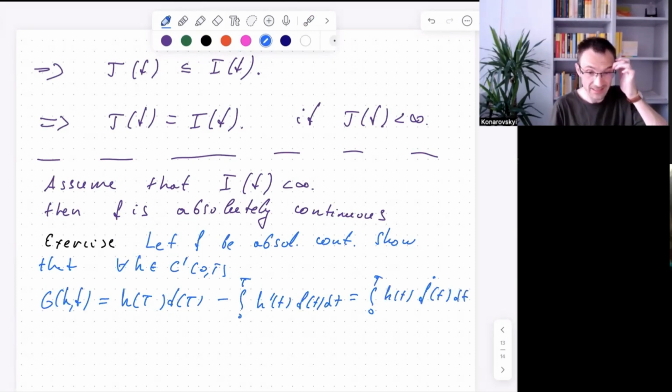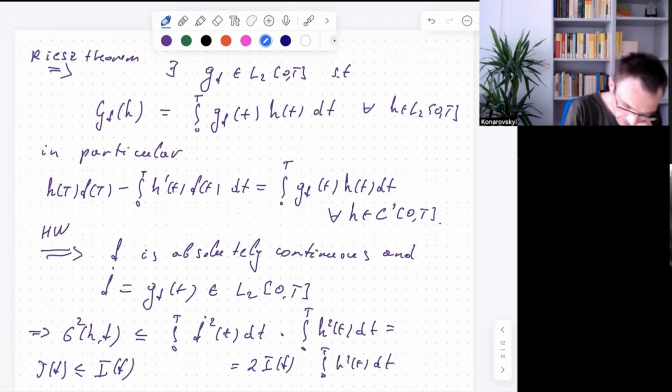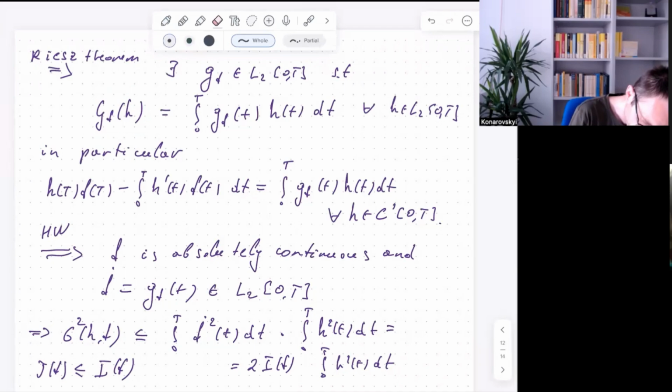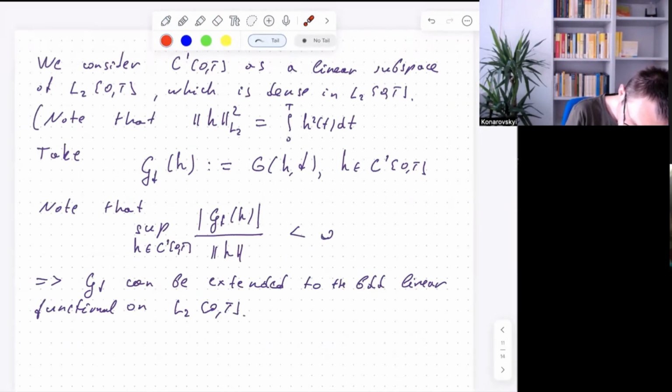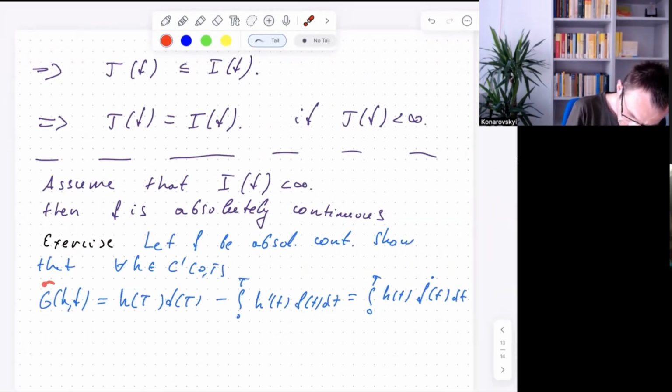Now you also have the integration by parts formula. In that case, if f is absolutely continuous, considering this functional, which is given by this function g, you can write it as this integral.